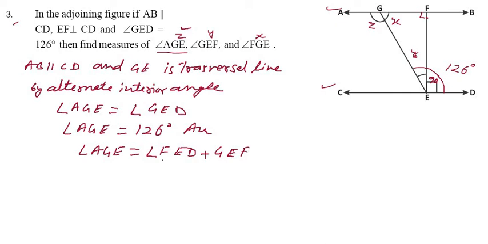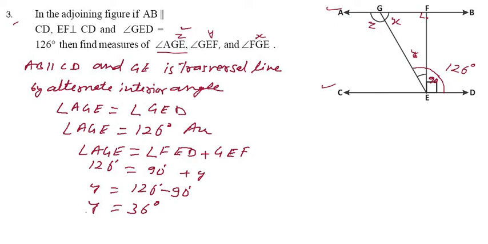This one is 126 degrees, this is 90 degrees, and this one is Y. So Y will be equal to 126 minus 90 degrees. 6 minus 0 is 6, and 12 minus 9 is 3, that is 36 degrees. So angle GEF will be equal to 36 degrees. It's your answer.